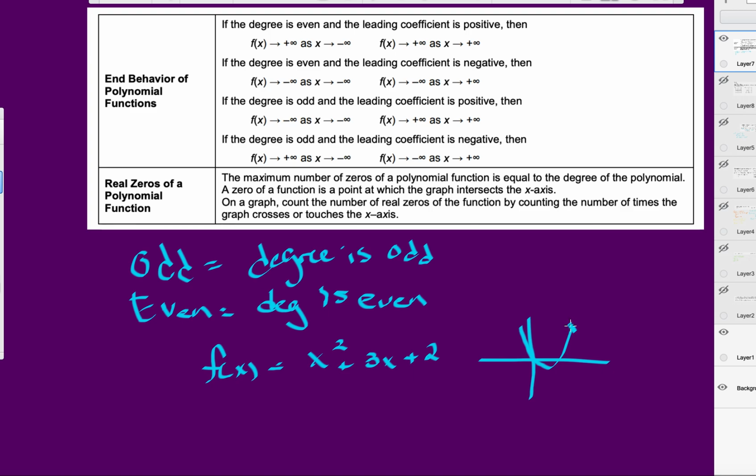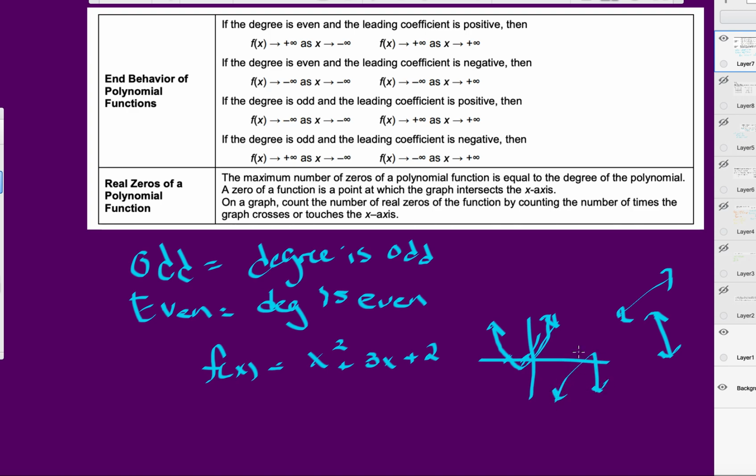And I actually put it on the wrong side. Good job, dork. It goes over here. All right, and this should be at 1. It should cross at 1 and cross at 2. Okay. But that's it. And if we look at it, a linear equation points in opposite directions, be it up, be it down. One end is pointing one way, one end is pointing the other way, whereas an even function, both ends point in the same direction, be it up or be it down.